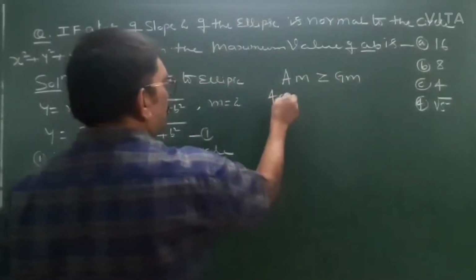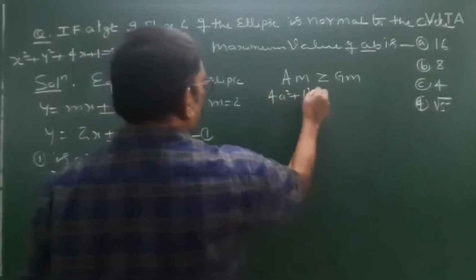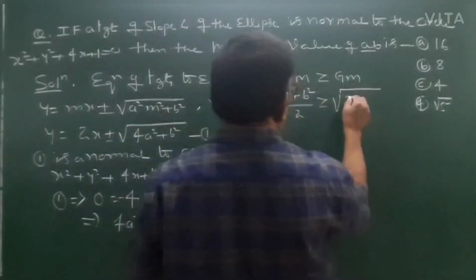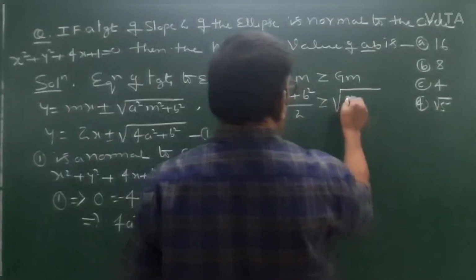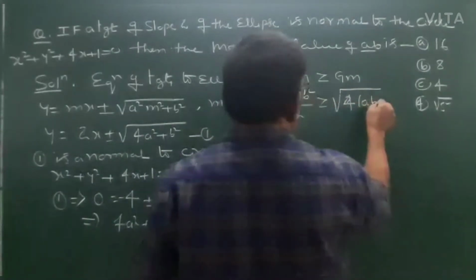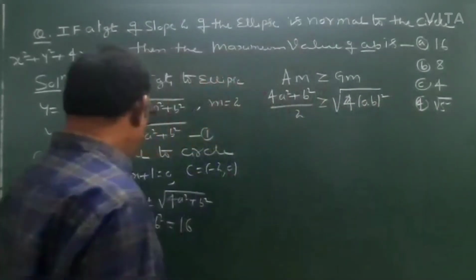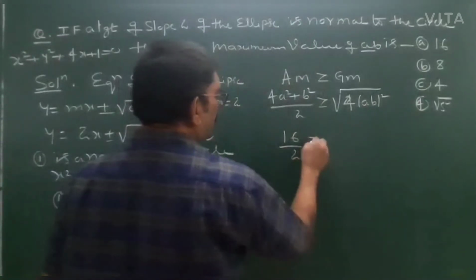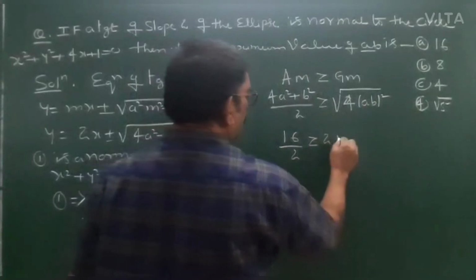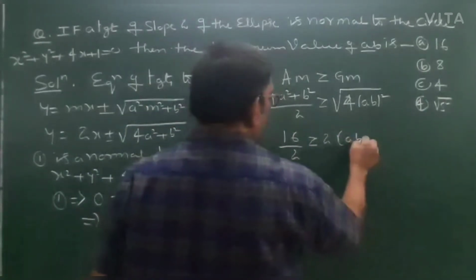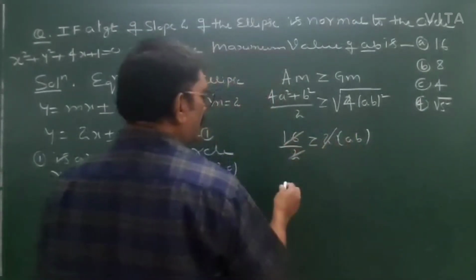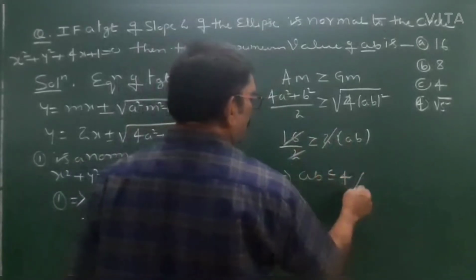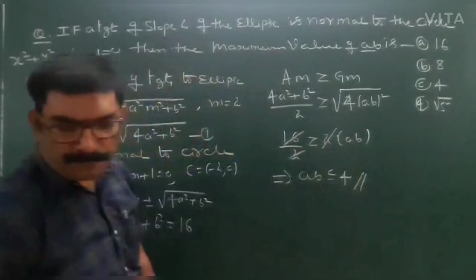For the 2 positive quantities 4a square and b square, this is 2 into 4 into ab whole square. So 4a square plus b square is 16, 16 upon 2, this 4 comes outside with the 2, and the ab cancels, which implies ab is less than or equal to 4. That's it.